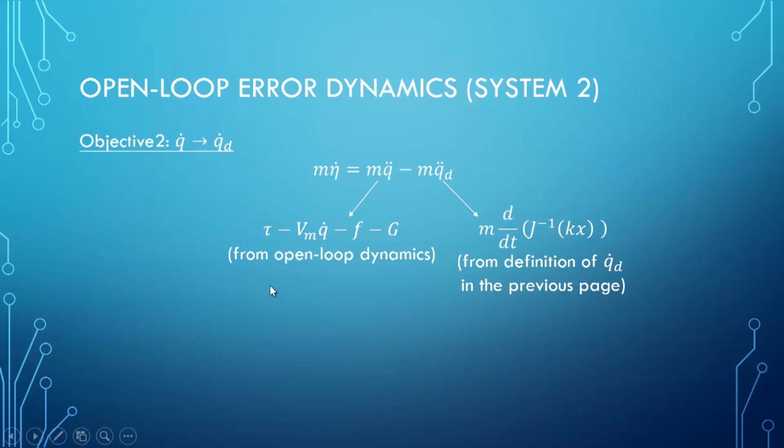And that's where in Q double dot, here's the access for the control torque. All these terms come from the open loop dynamics, so you need to find a way to design the torque to cancel out this and this.